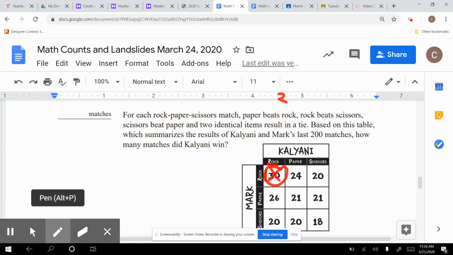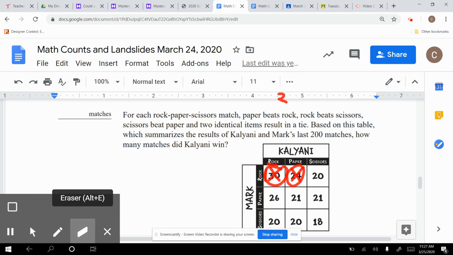If Kalyani, who could be either a boy or a girl, had paper and Mark had rock, well, they didn't win that one either because, actually, no, sorry. Paper beats rock. Paper covers rock. So actually, yes, we are going to circle this one because they won.